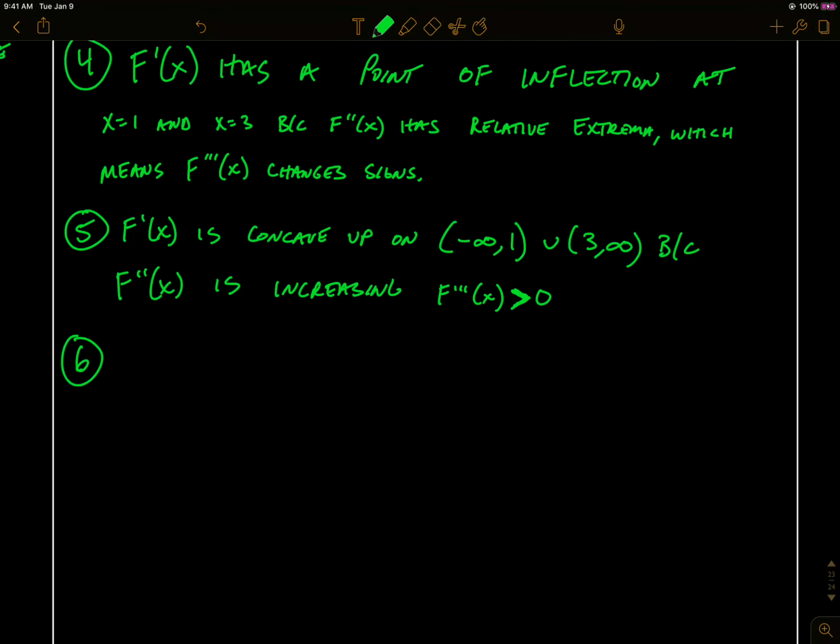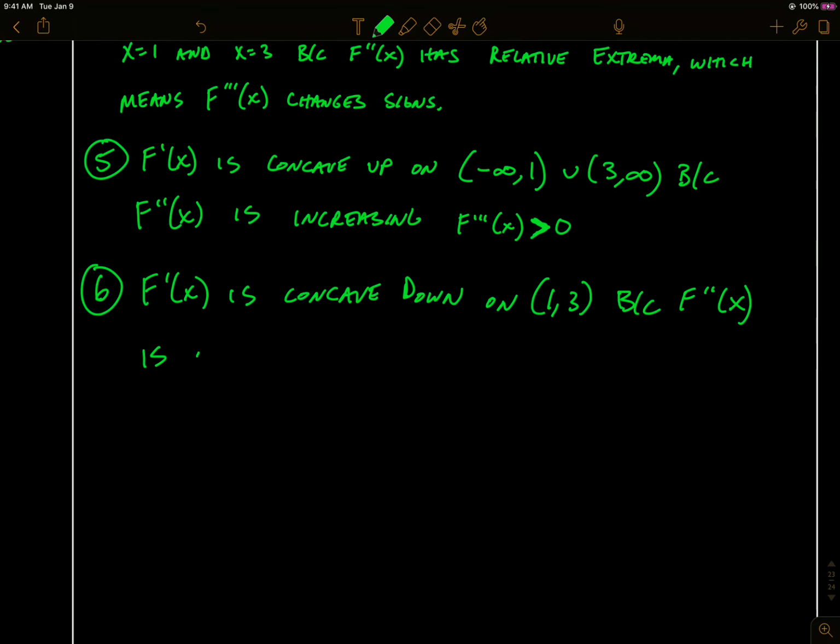And then we have the vice versa situation. Anywhere where the second derivative is decreasing, f prime is concave down, and that's because we know that f triple prime, I should say which means f triple prime is negative.